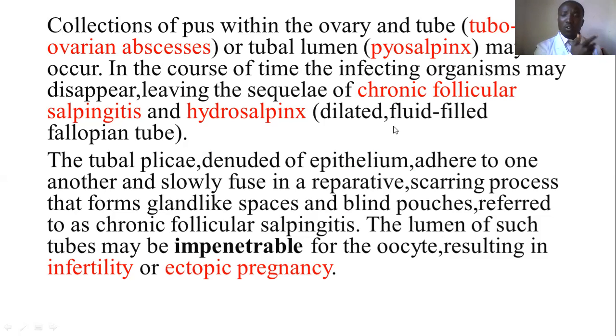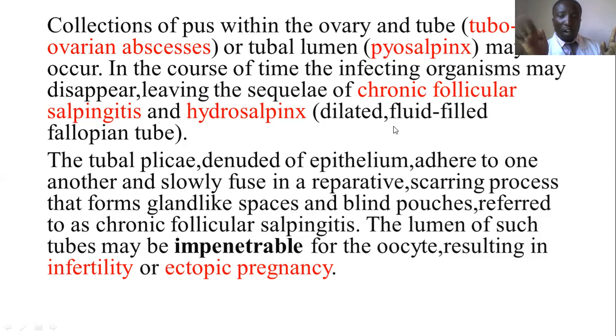The desquamation has occurred, loss of epithelial linings has occurred, and therefore the cuboidal cells that form the epithelial linings of the fallopian tubes, even if they remain, are not going to have the cilia that keep on beating rhythmically like the legs of a millipede, and in the process push the egg towards the uterine cavity for fertilization, or if fertilization has occurred within the tube, the zygote that has been formed is going to be pushed step by step towards the uterine cavity for implantation and subsequently pregnancy.